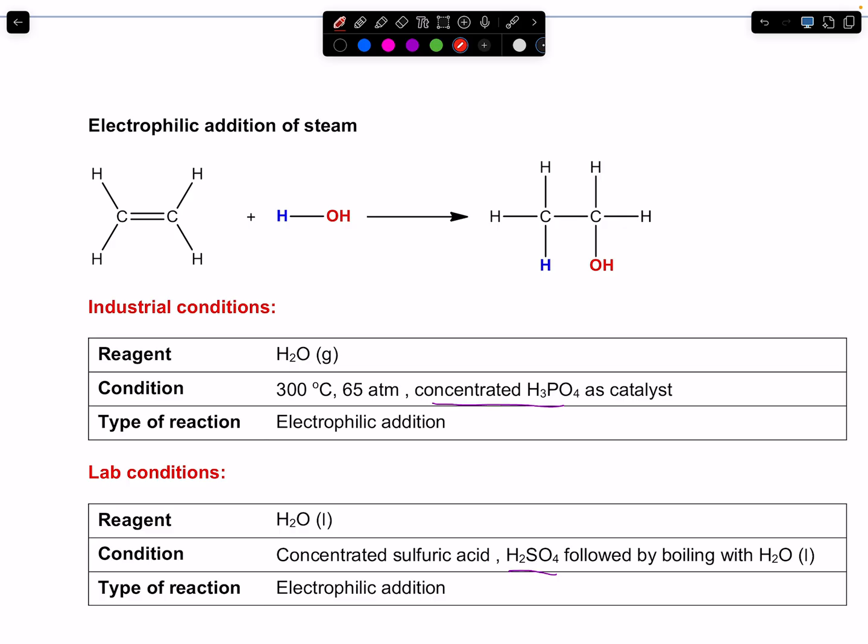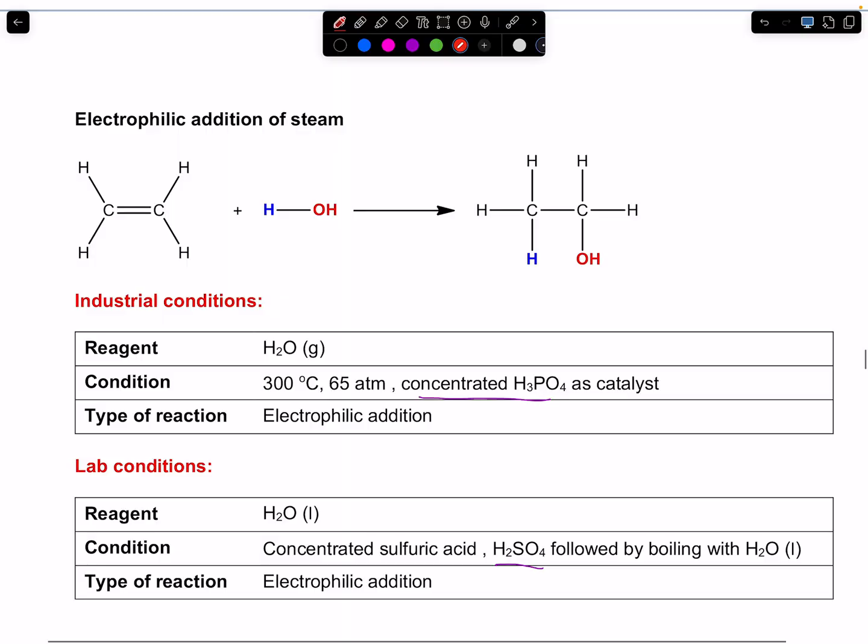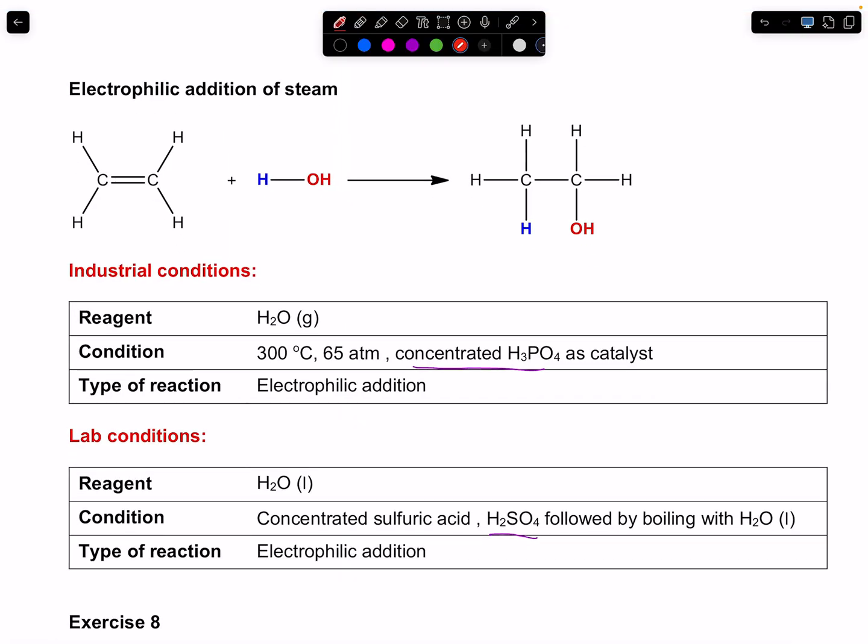But this is also covered inside this topic because for ACS, addition polymer is covered under the chapter of organic chem. Alright, guys, for electrophilic addition of steam, only industrial conditions are what you all learned in secondary school. The laboratory conditions is brand new to you guys.